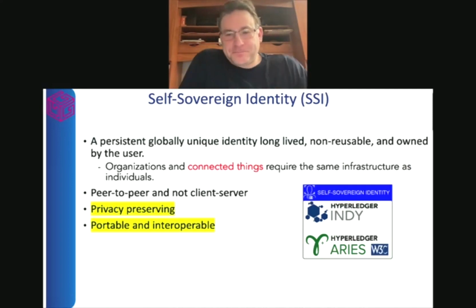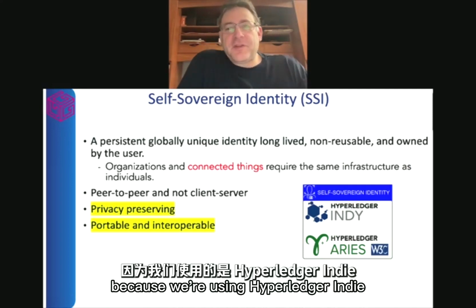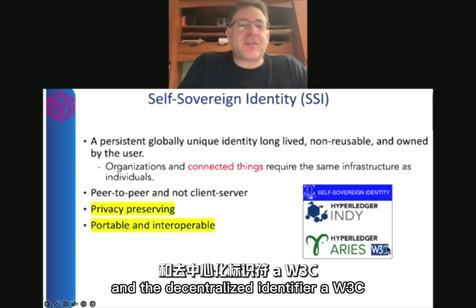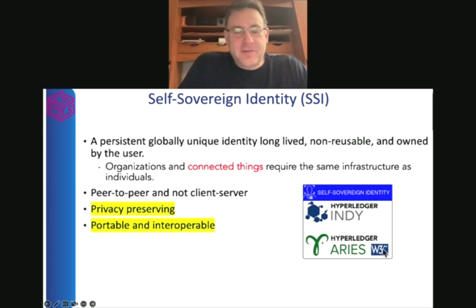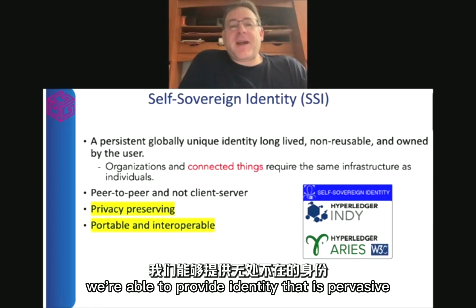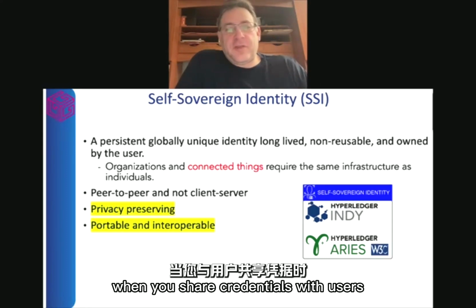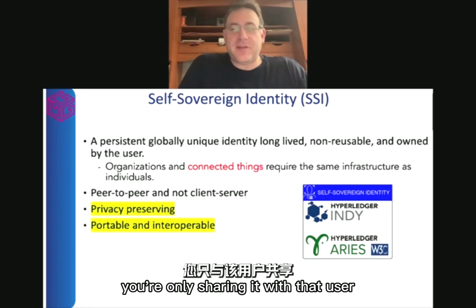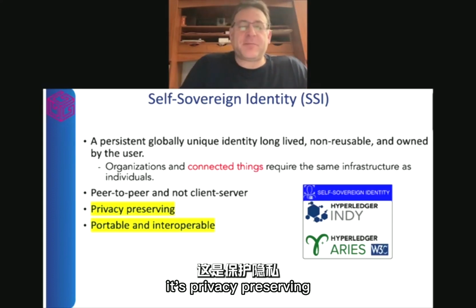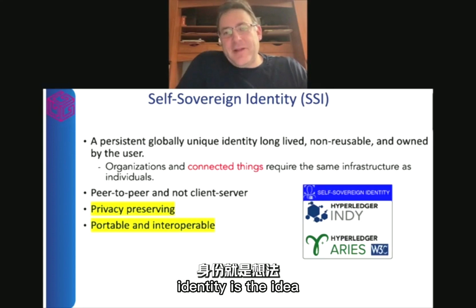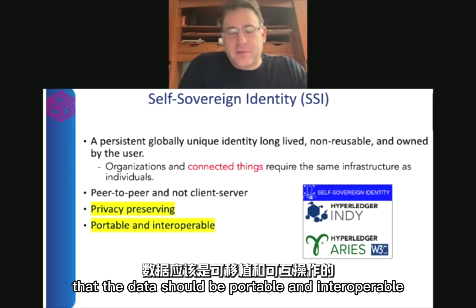In other words, because we're using Hyperledger Indy and Hyperledger Aries and the decentralized identifier, a W3C spec, we're able to provide identity that is pervasive. Peer-to-peer, not client-server. When you share credentials with users, you're only sharing it with that user, not with an institution. It's privacy-preserving. And most importantly, self-sovereign identity is the idea that the data should be portable and interoperable.